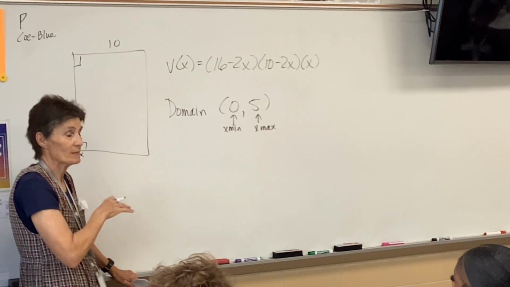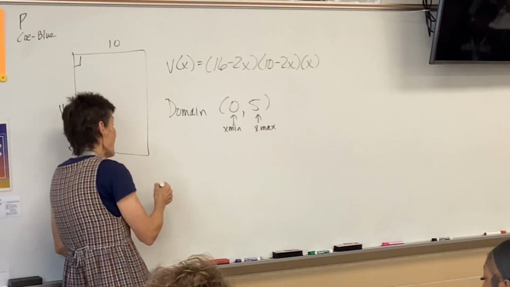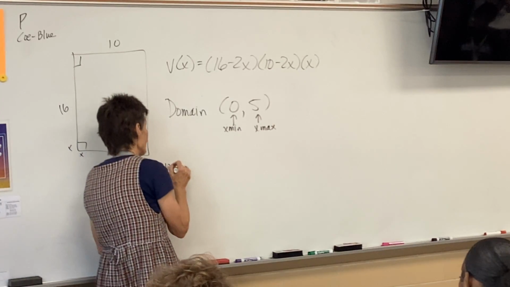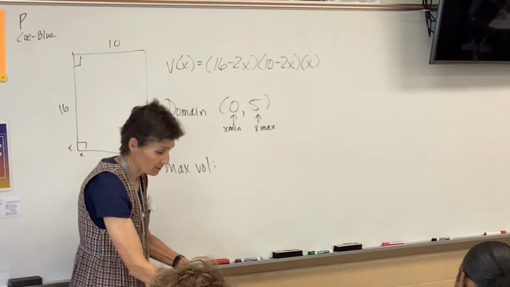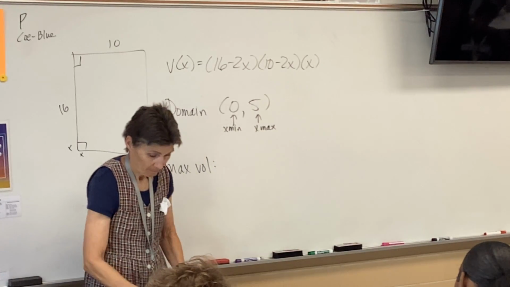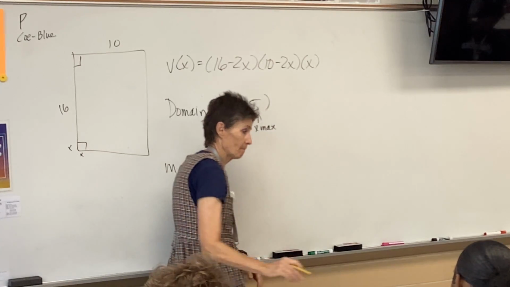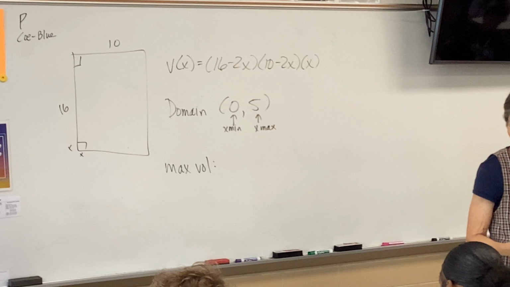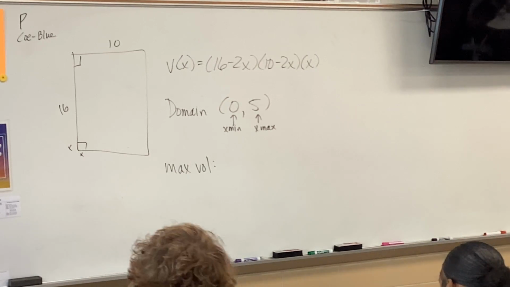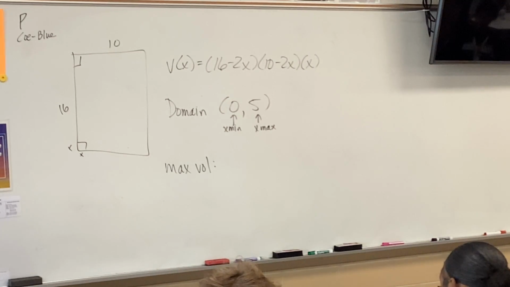It means X is between 0 and 5. Now, I want the maximum volume. So now I have to go to my calculator. Anna, you got a calculator? Let's get it out. Does it work?